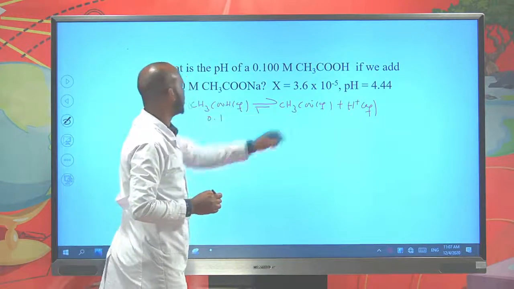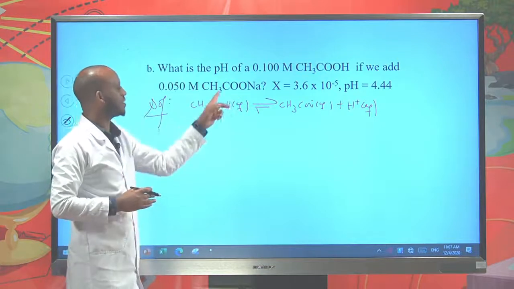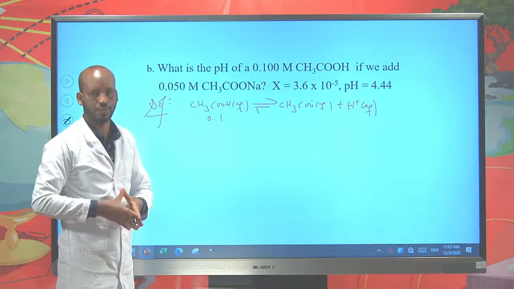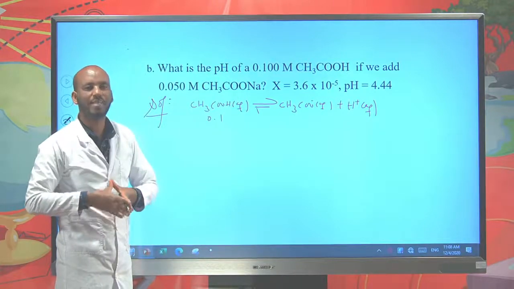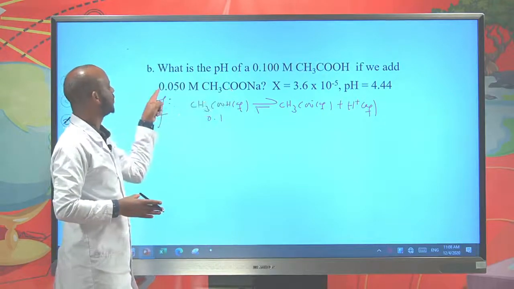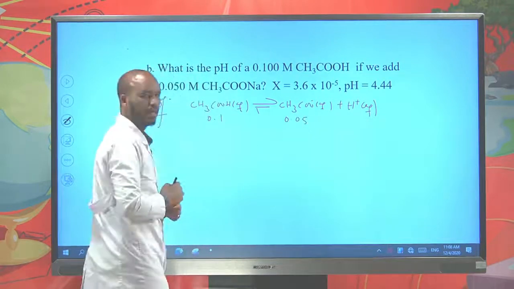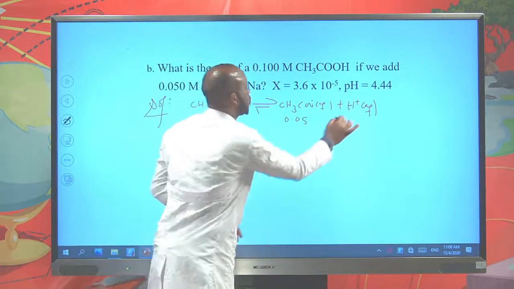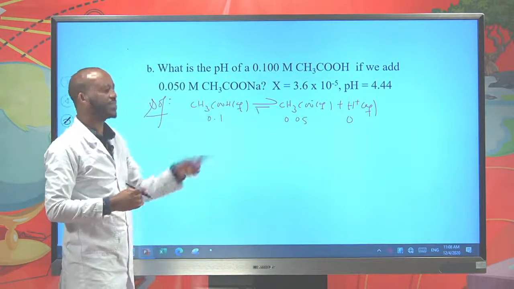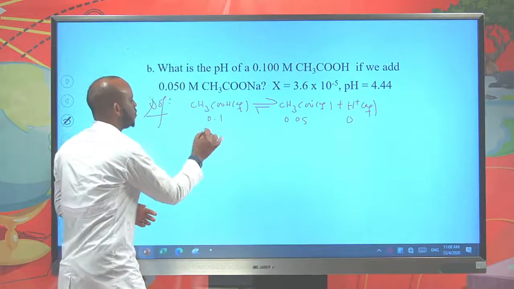Initial concentration of acetate is 0.05 because sodium acetate is a salt. Salts are strong electrolytes and completely dissociate into acetate and sodium plus. Concentration of acetate is 0.05. Initial concentration of H plus is 0. Change. Let X amount of acetic acid be dissociated. Its concentration is decreased by X, minus X.